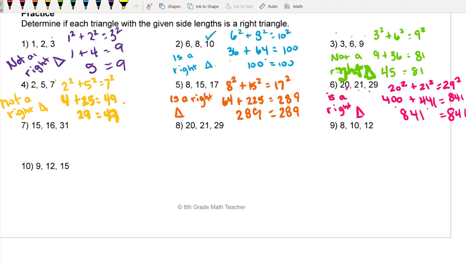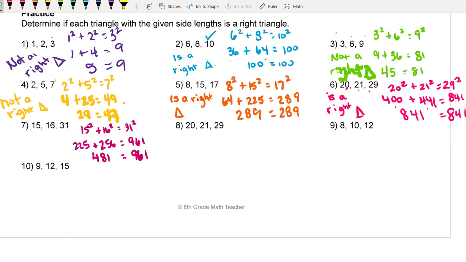(15, 16, and 31) already in order from least to greatest. 15 is a leg, 16 is a leg, we'll square those, and 31 is the hypotenuse. 15 squared is 225, and 16 squared is 256, and 31 squared is 961. 225 plus 256 is 481.